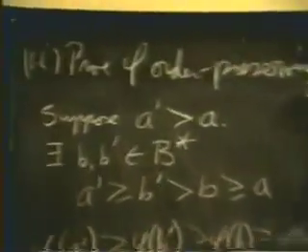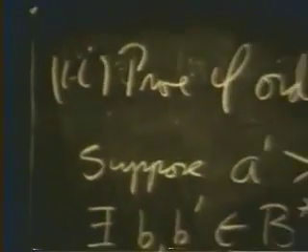Now the second part of the proof of the main theorem is to prove that phi is order preserving.